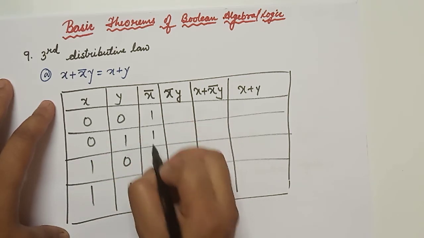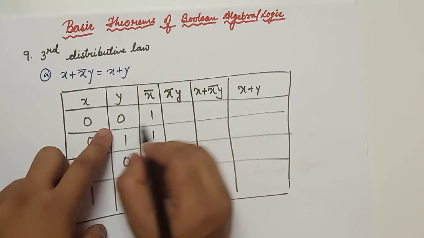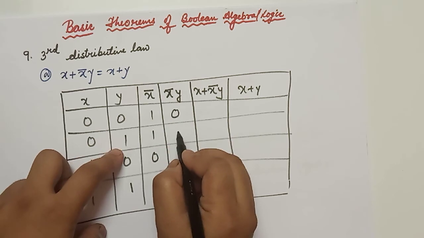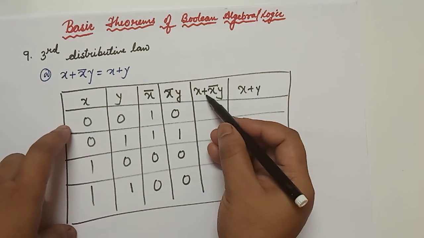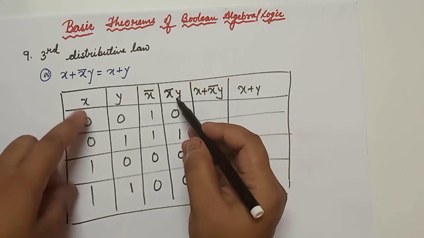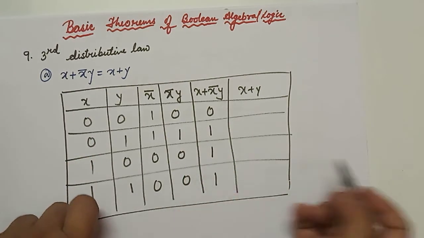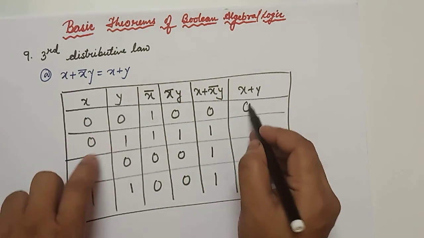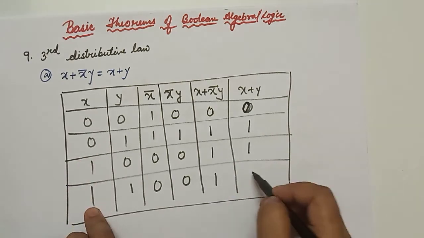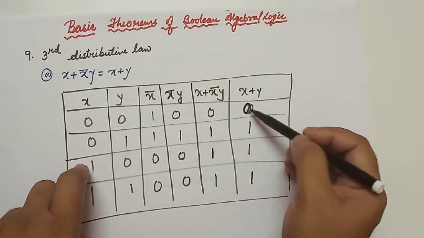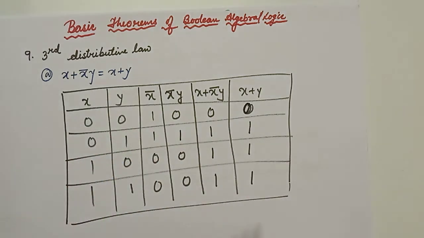X complement 1, 1, 0, 0. X complement y 0, 1, 0, 0. Next, x plus x complement y, that means we have to add this and this column, 0, 1, 1, 1. Now x plus y is 0, 1, 1 and 1. Now you can see the values of these two columns are identical. Hence it is proved that this expression is equivalent to this expression.